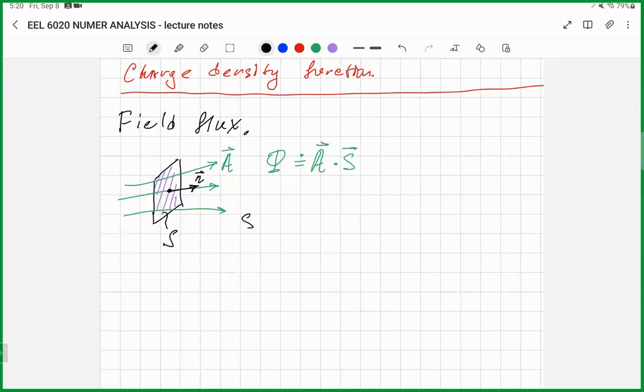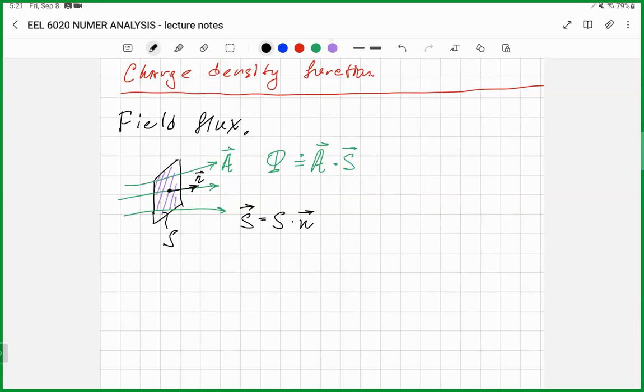The vector of the surface is equal to the absolute value of the surface, which is the area, times the unit vector n. So this vector describes not only the area of the surface but also its orientation in space.